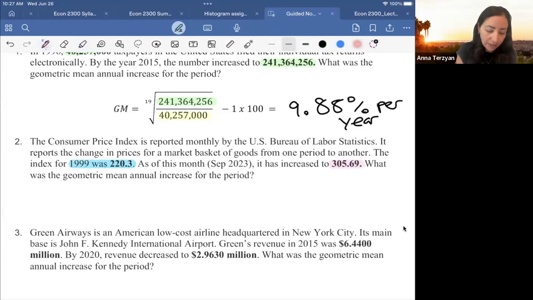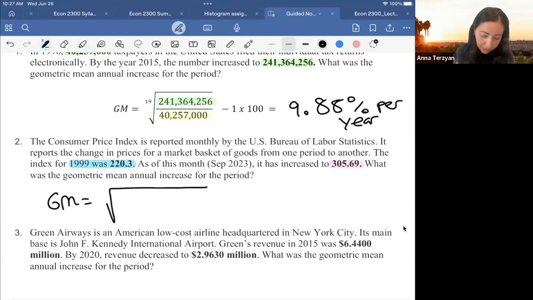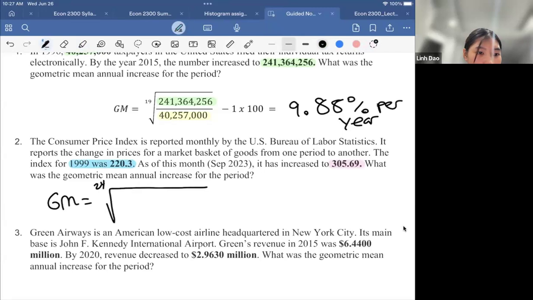I want to know what the annual inflation was every period during that time. Again, for the geometric mean, how many time periods are there between 1999 and 2023? Just do 2023 minus 1999. What's that? 24. 24 periods.